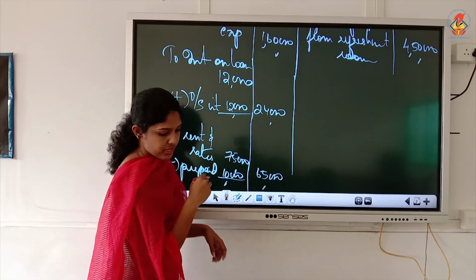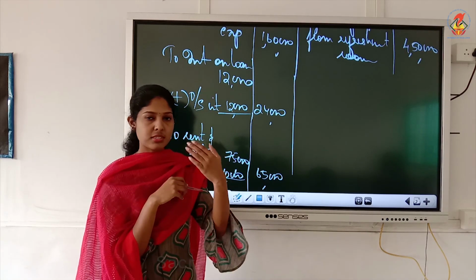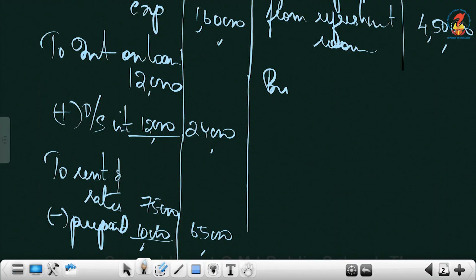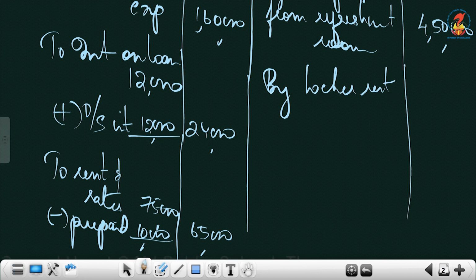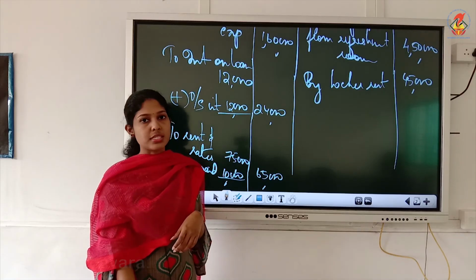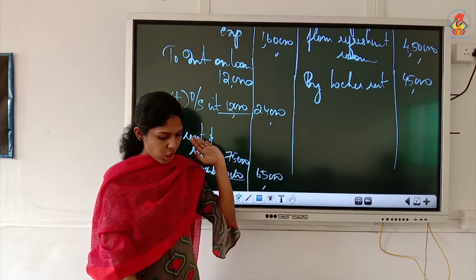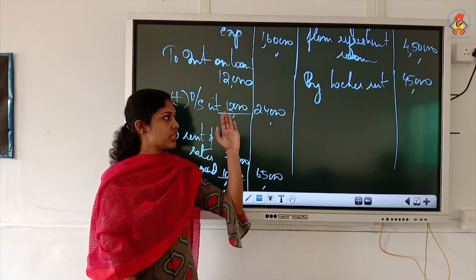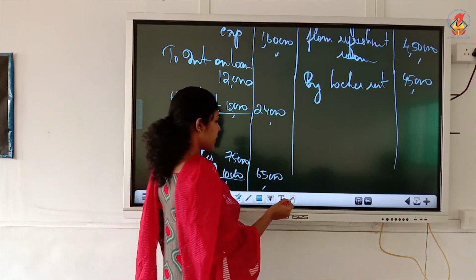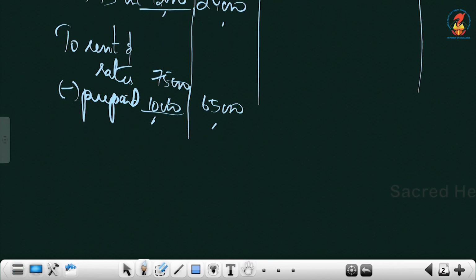Then the last one is locker rent received, that's an income which should come on the income side, by locker rent. The amount is 45,000. Okay, now the question is over, no? Yes, that was the last item. So the question is over, just find the balance. Here the shortage is again on the debit side, that means incomes are more. Incomes are more means it is resulting in a surplus.